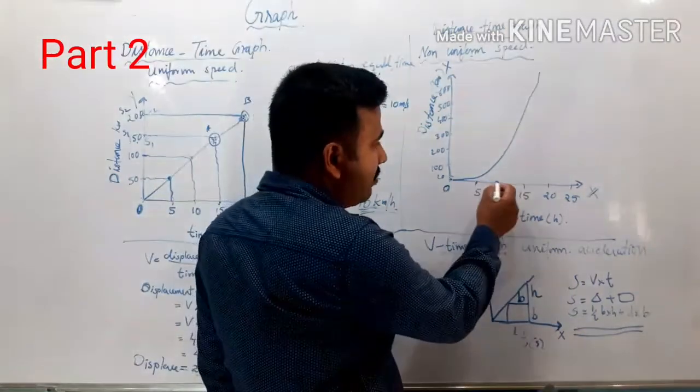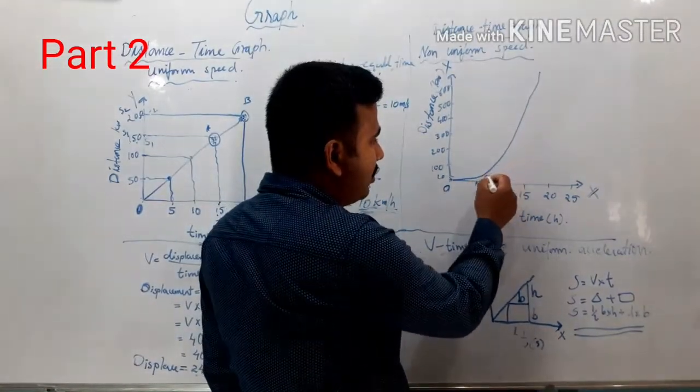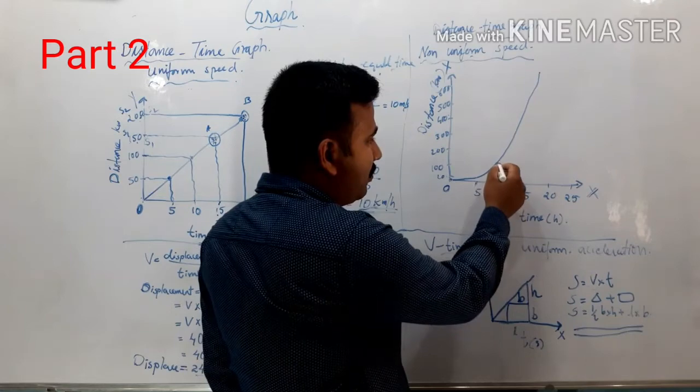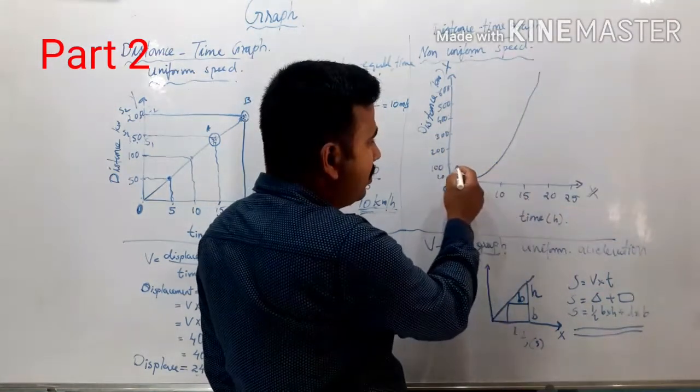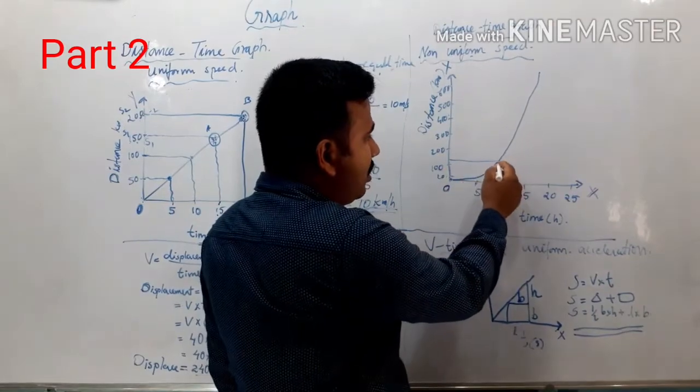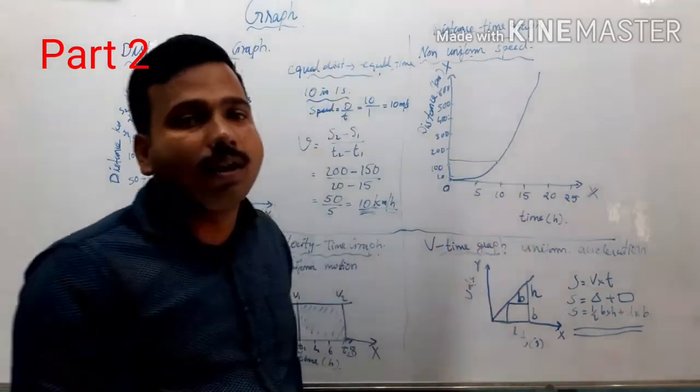Then within 5 to 10 hours, what is happening again? Within the next 5 hours, the object is covering about 100 kilometers.